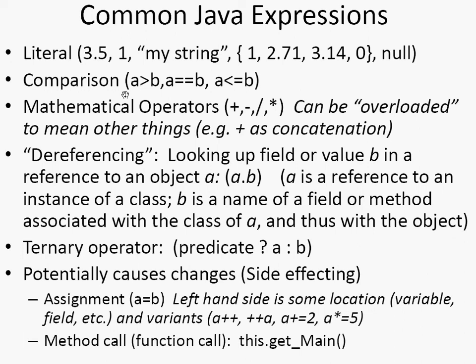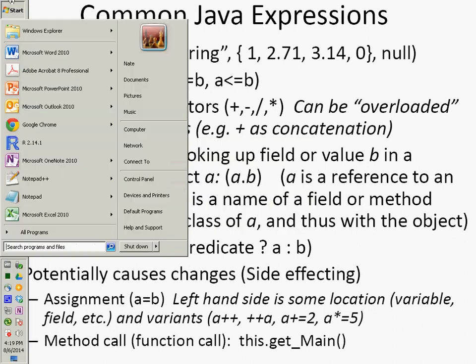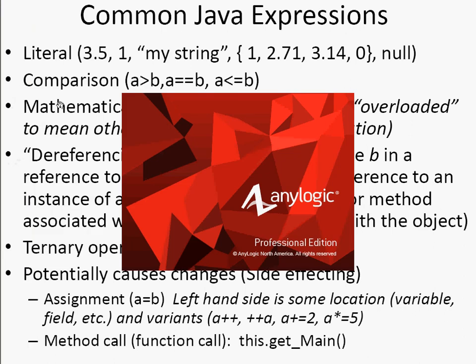Remember we said the home count occupants or something like that? That was an expression. The A is a reference to a person, and B is the thing in the person, like the count occupants. So let's go call that up.